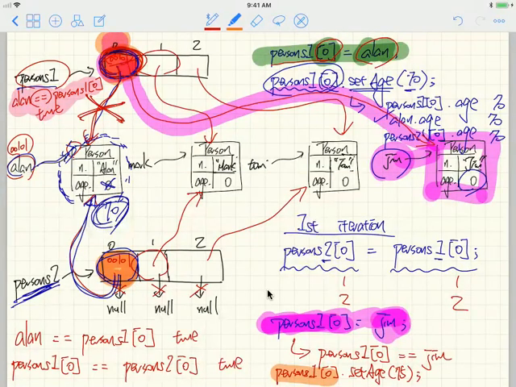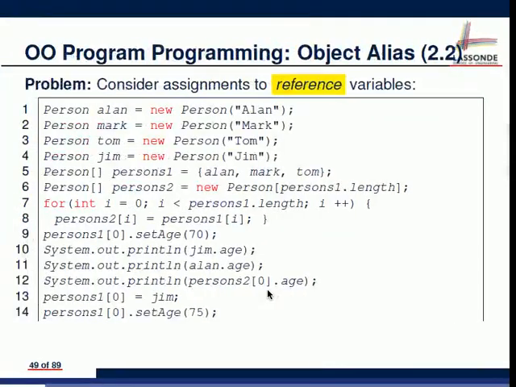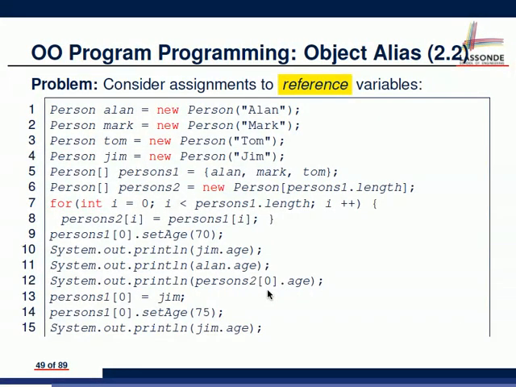First of all, let's identify what this object is. Persons 1 at position 0 is now pointing to this object over here, which is exactly Jim's object. And when we say set age to be 75, that means we're going to change it. So this, rather than 0, is going to be 75. That's the change we're doing.